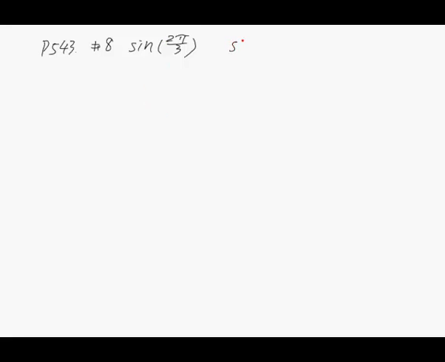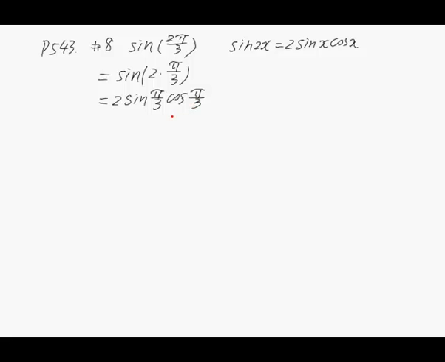Let's remember sine of 2x is equal to 2 times sine x times cosine x, right? This is the double angle identity for sine. So let's first write this as the sine of 2 times pi over 3. So now, by this double angle identity for sine, we got 2 times sine of pi over 3 times cosine of pi over 3, right?